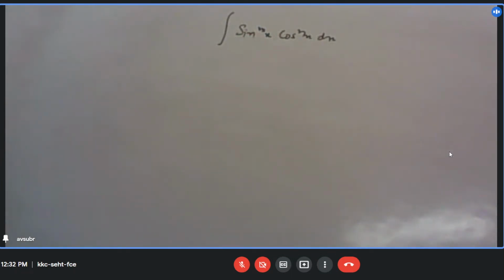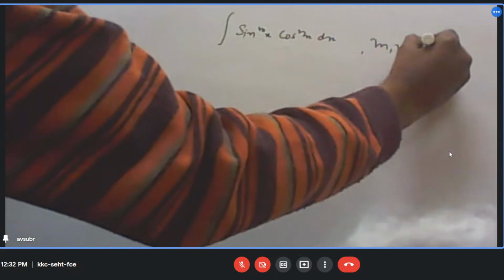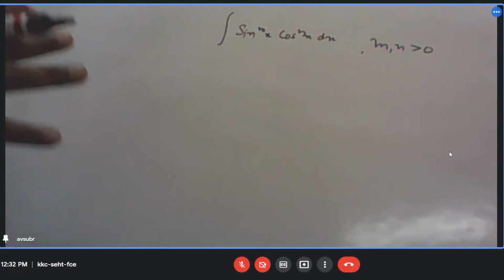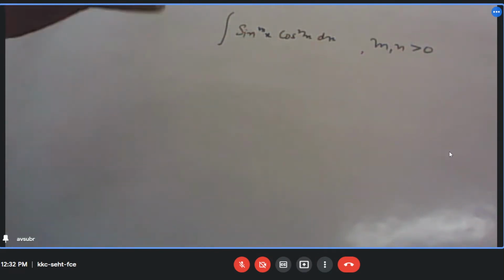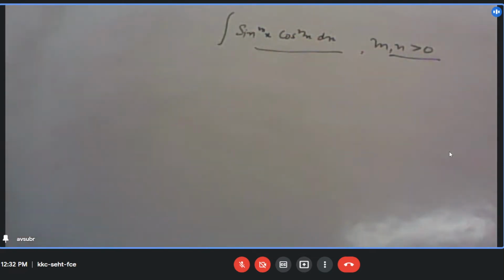This is the form of an integral, and m and n are positive. I am trying to solve or reduce this particular integral.